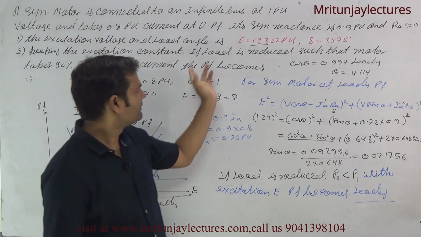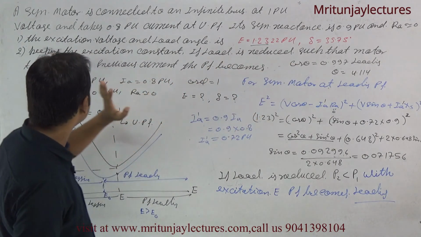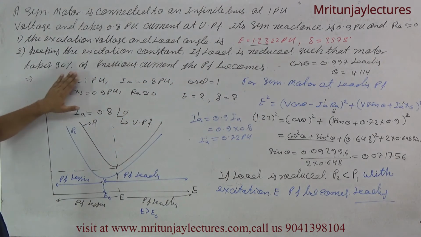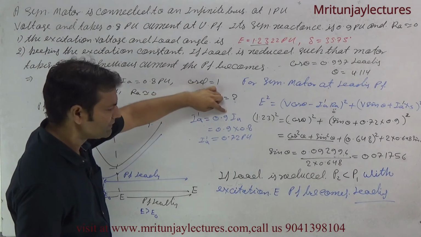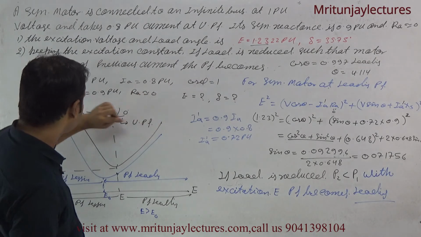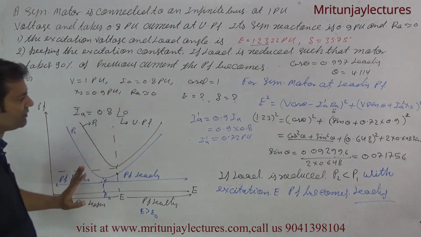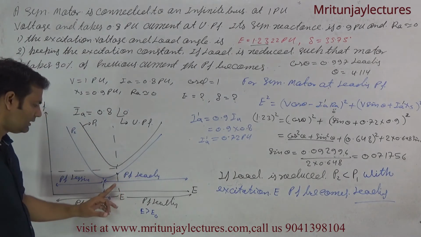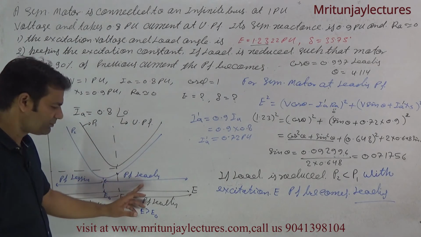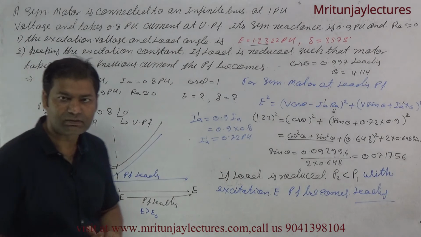Okay, if load is reduced such that the motor takes 90% of the previous current, then current also reduces. Okay, and power also. Clear? And what about power factor? Power factor becomes leading. Why?